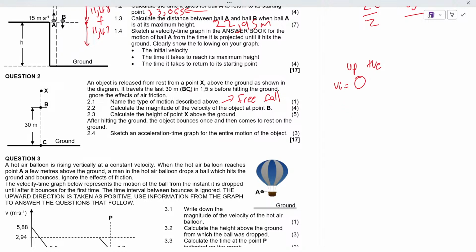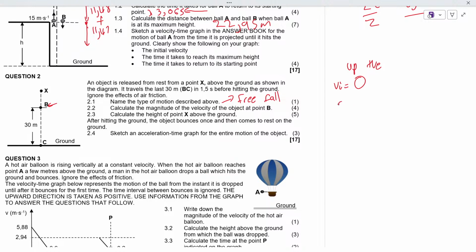It travels the last 30 meters. We need to calculate the magnitude of the velocity of the object at point B, so we need the velocity at point B. We also have the acceleration.